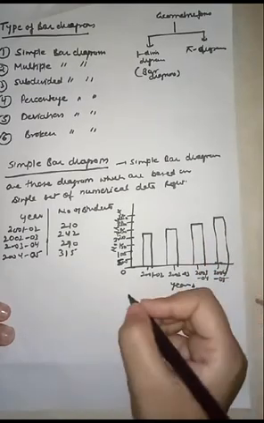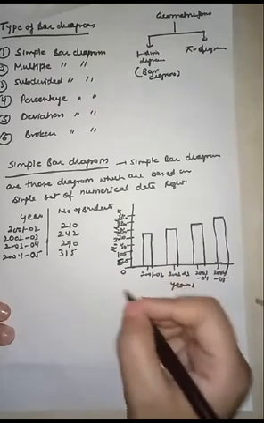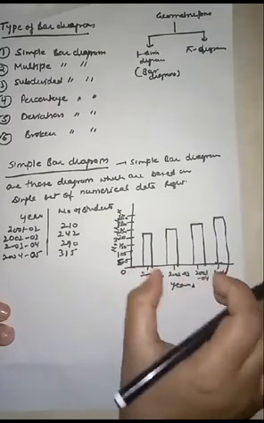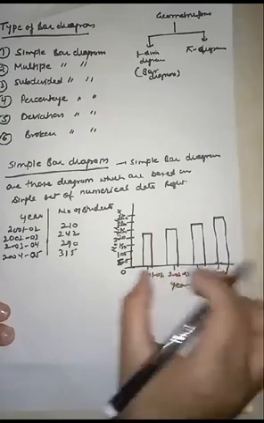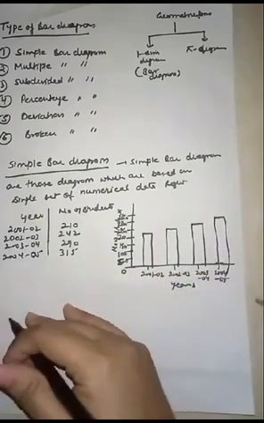If you make this with a scale and pencil, then you can make an accurate, equidistant and equal width bar diagram, right?